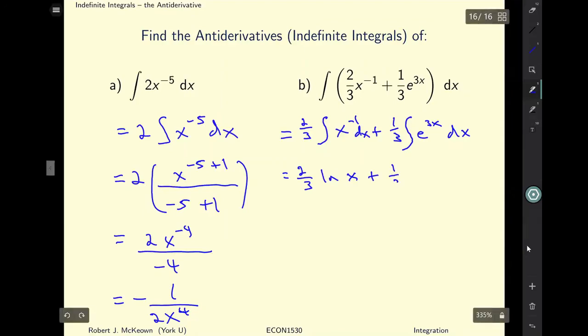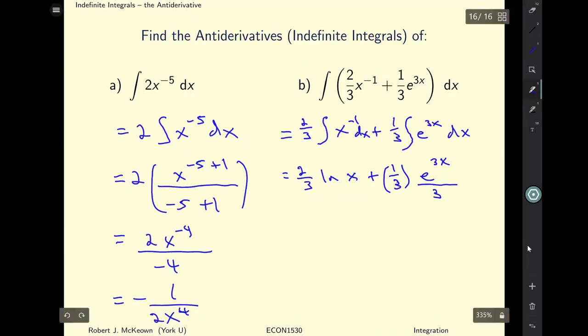I've got 1 over 3 times, what's the rule we're going to use for the natural exponent? Well, I've got the function itself, and I divide it by just 3. Since the exponent's not changing, I don't need to add 1 like I did with the reverse power rule.